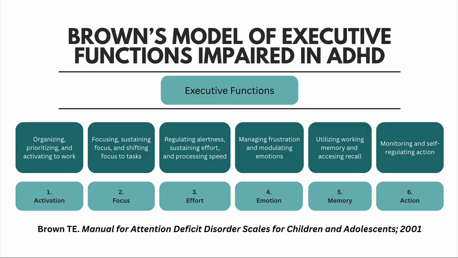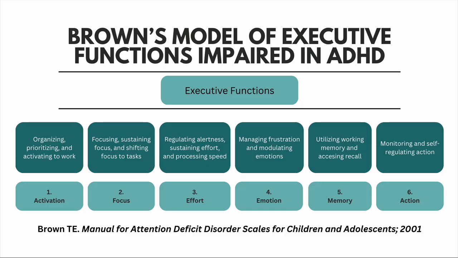So start to notice that and start to try and see how these come up for you in your day to day. So we're going to go over each one in detail and explain how this comes up for you in your day to day. But these are the six types of executive dysfunction in ADHD according to Brown's model.